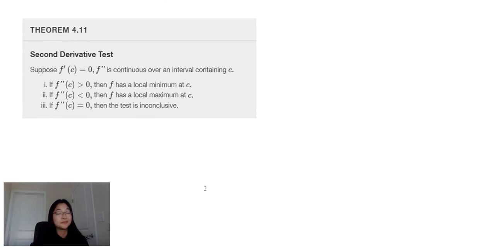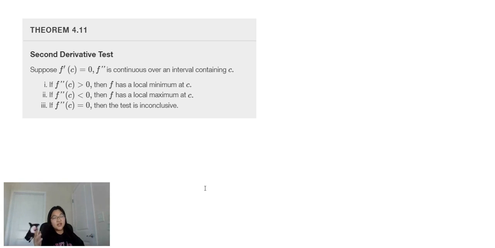Okay, so we talked about the first derivative test, where if our function was increasing and then decreasing, then we had a maximum. If our function was decreasing and then increasing, we had a minimum. And if our function was increasing and then increasing, or decreasing and then decreasing, then we didn't have any local extrema.